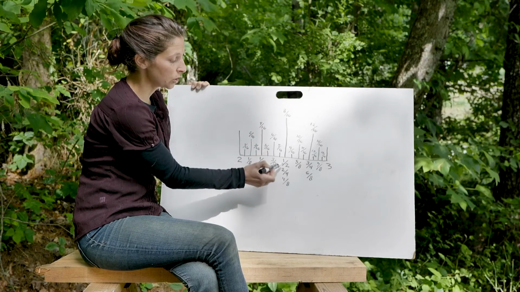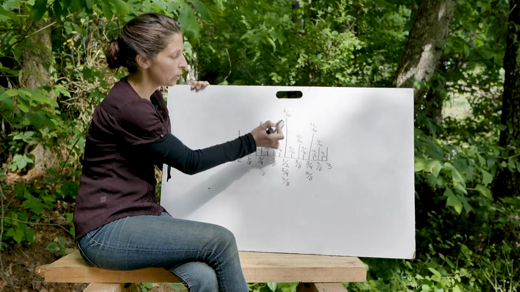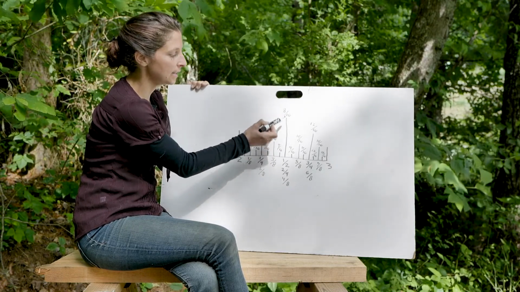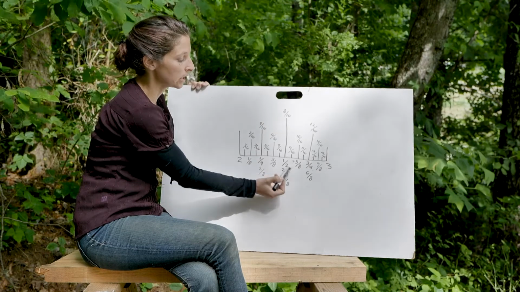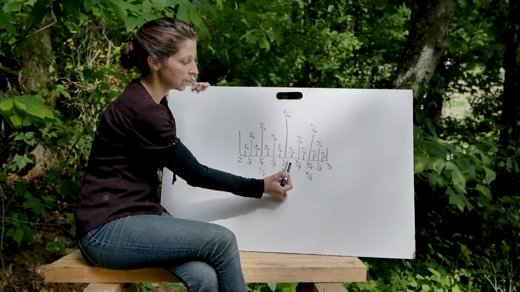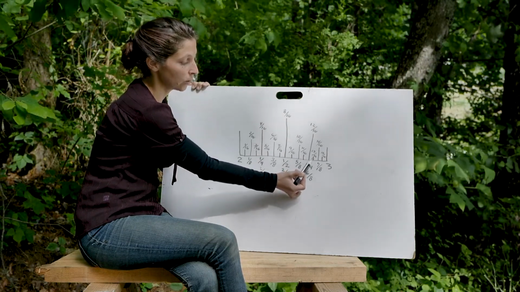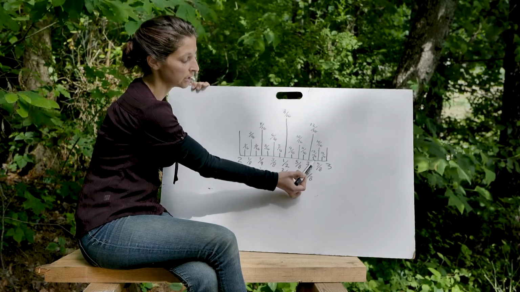So if you use your halfway marker and you know that halfway is 8/16, you can either start from here and then just count starting at 9, 10, 11, 12, 13 to find that you're at 13.